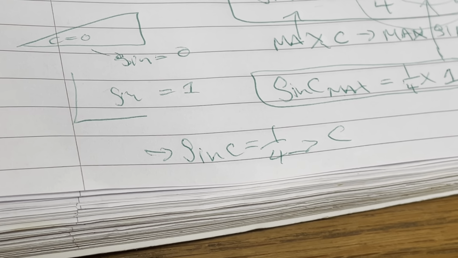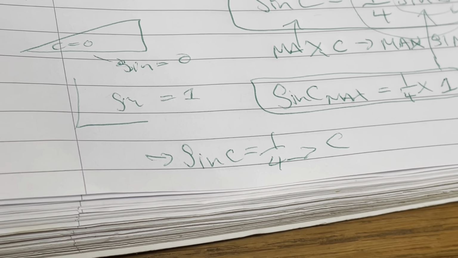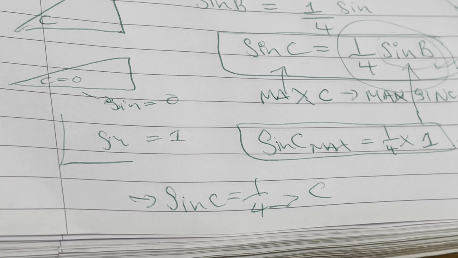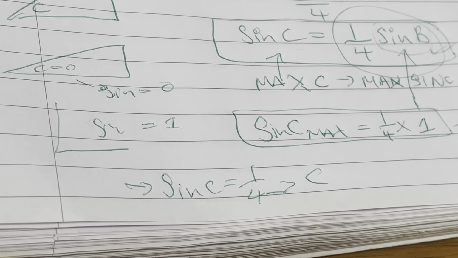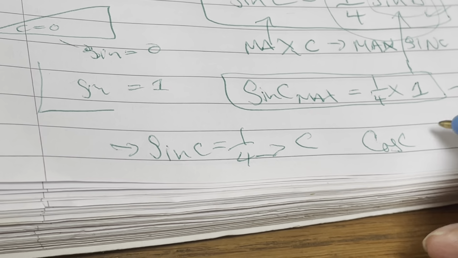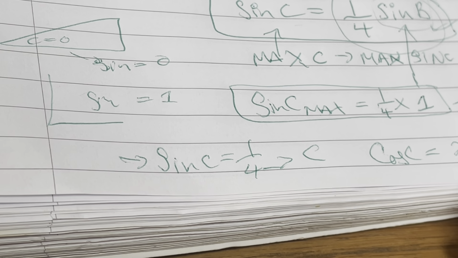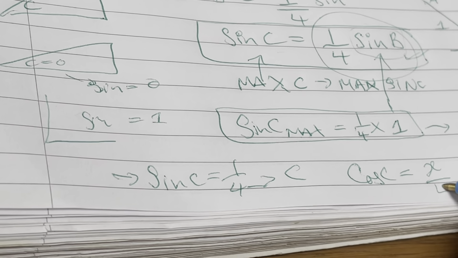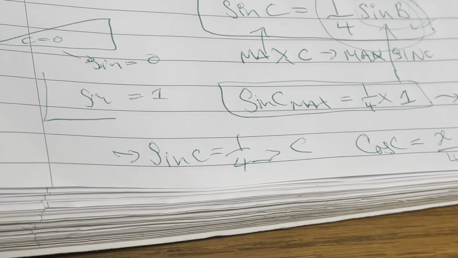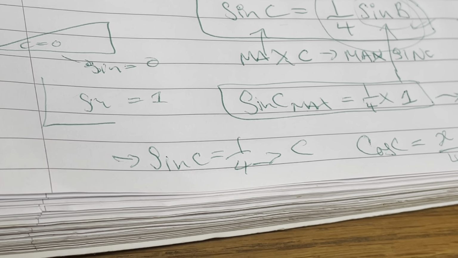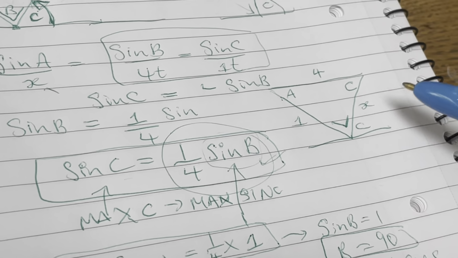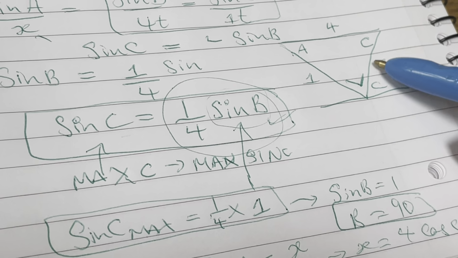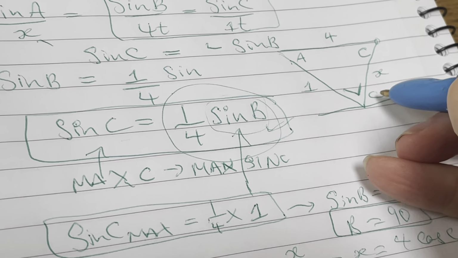So now we need to find X. The distance X is going to be equal to... cos of C is equal to X over 4. So X is equal to 4 cos C. Once we have the angle C, we can then find the distance X, which is the shortest time.